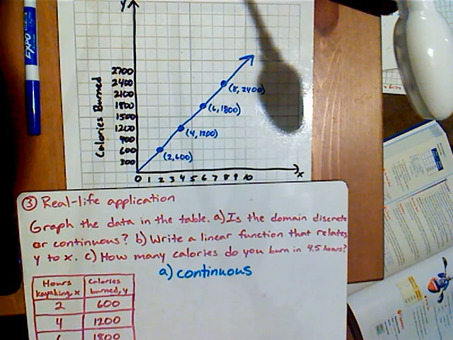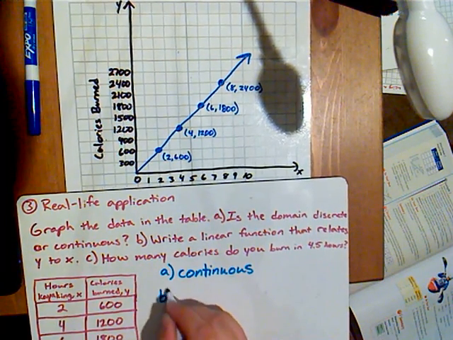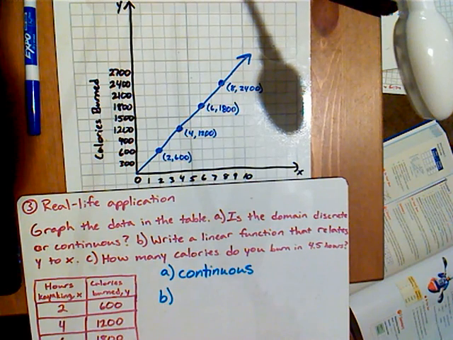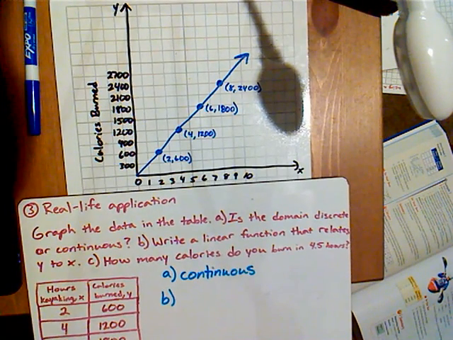So letter B wants us to write a function that relates y to x. So we're writing a linear function, and just like we did with our other two examples, we need to find our y-intercept and our slope.